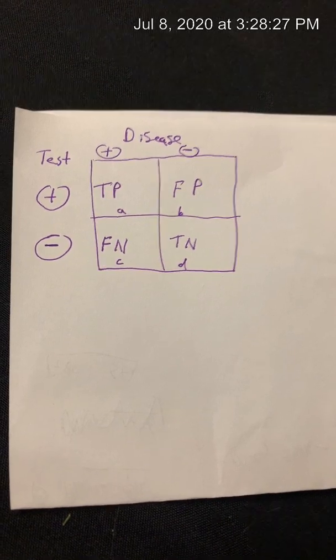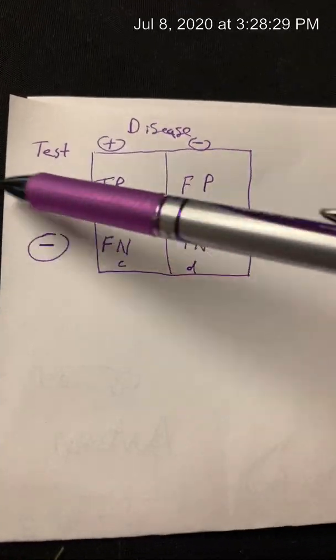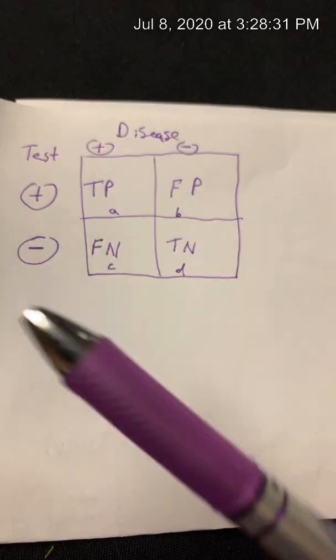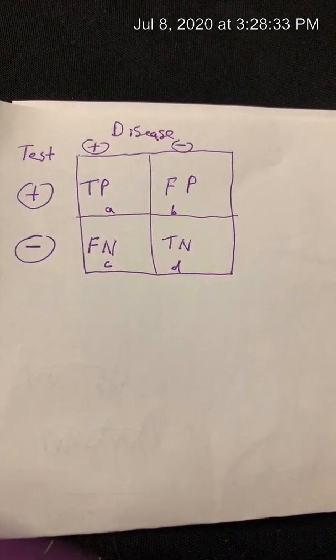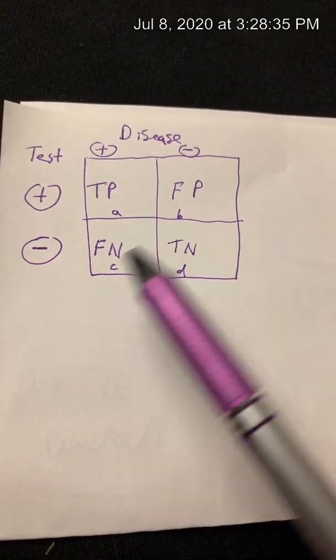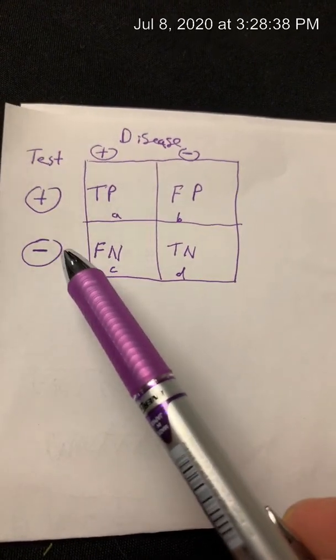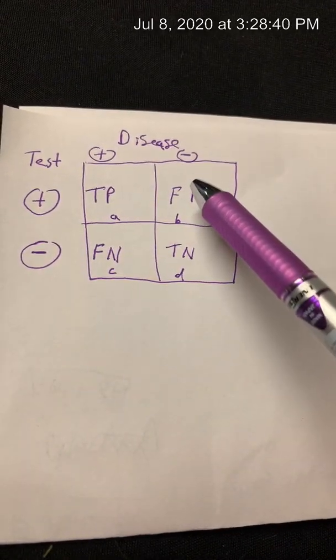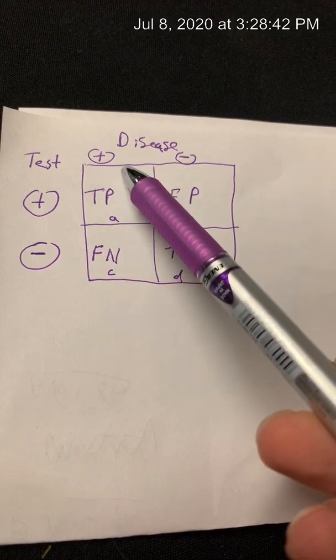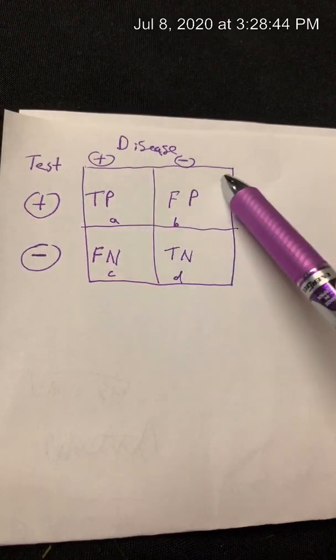For any test, the result can be positive or negative. I guess there can be an indeterminate, but for the sake of this, this is going to be mostly it. And for a disease, someone's either truly going to have the disease, or they're not going to have the disease.